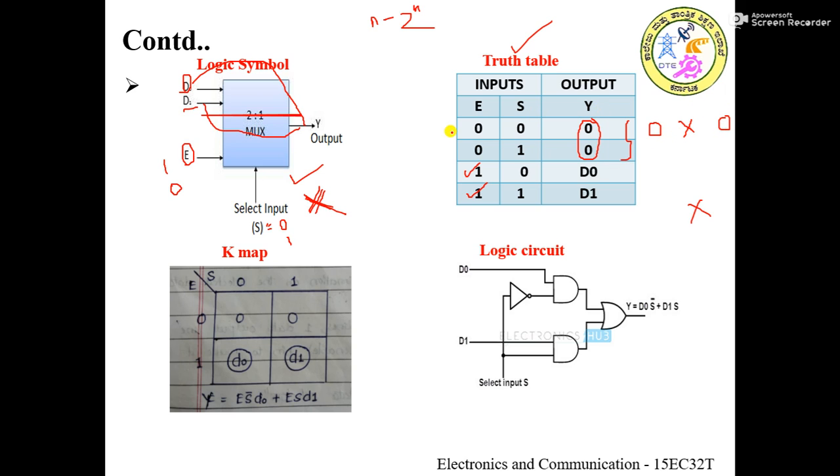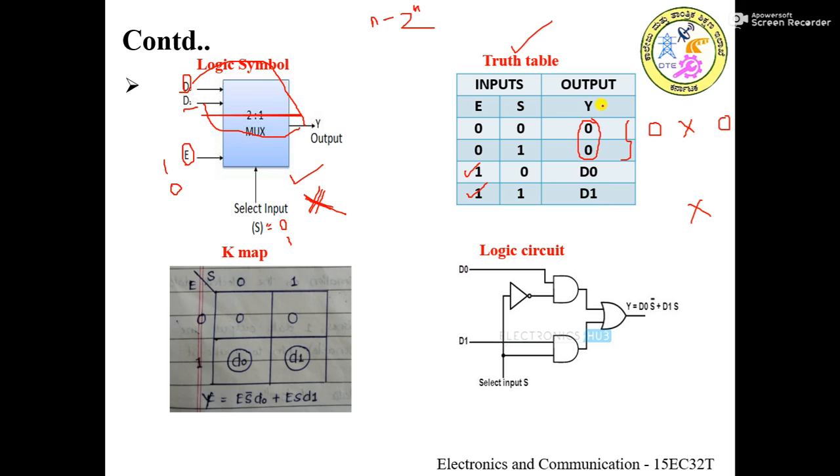So this truth table can be rewritten as 0x0 for the first two combinations, and for the rest two combinations, as I told you, one for selection, if select input is 0, then output will be D0, and if select input is 1, then it will be D1.